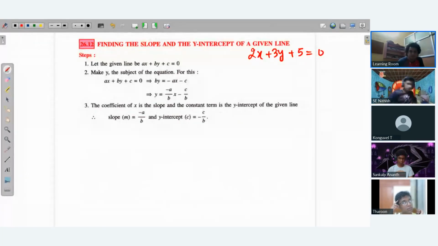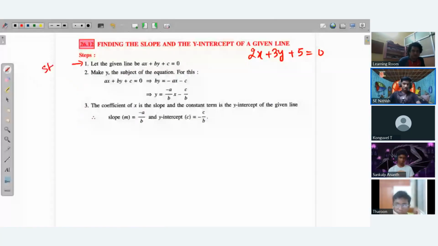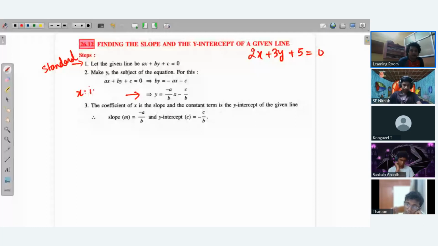So for that, first bring it to the standard form. It is already in the standard form. Yes, not always, however. Then you put it where x becomes the independent variable and y becomes the dependent variable, and then compare the coefficients.